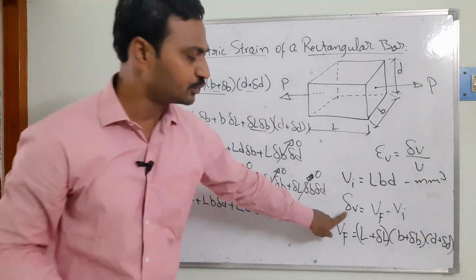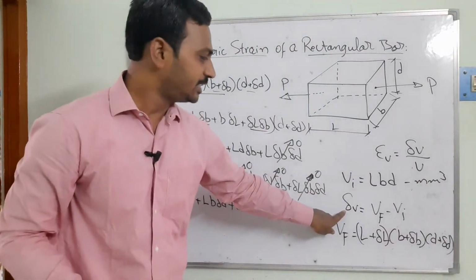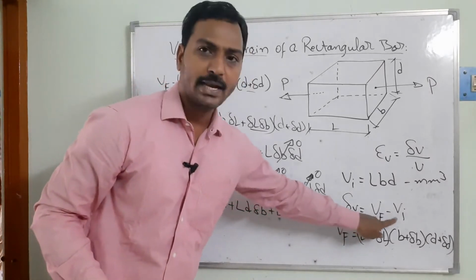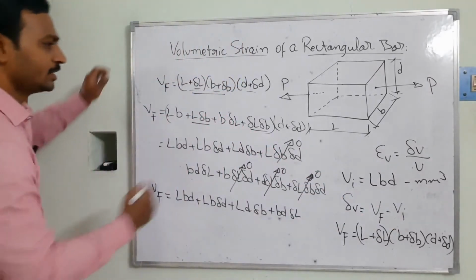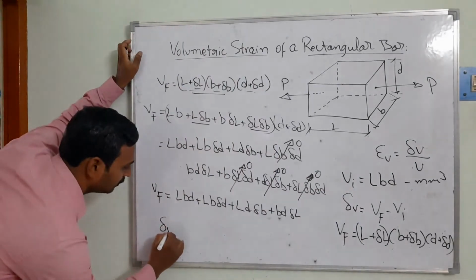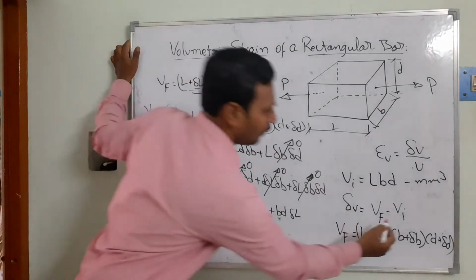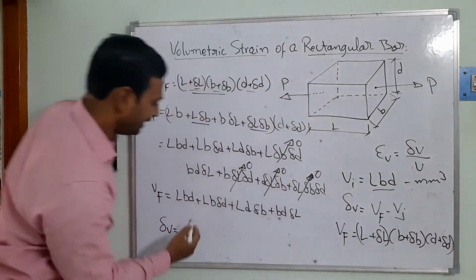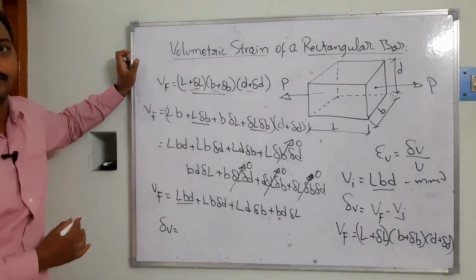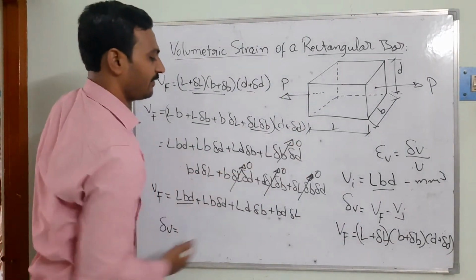Now I am going to substitute in the change in volume. The change in volume is nothing but the final volume minus the initial volume. So del V is equal to, what is the formula we had? The original volume is equal to LBD, and in this case also we have LBD, so these two vanish.